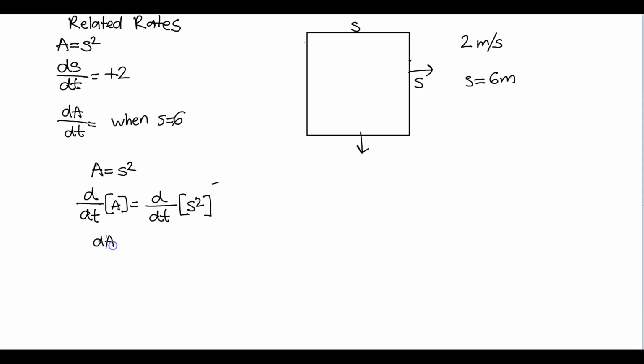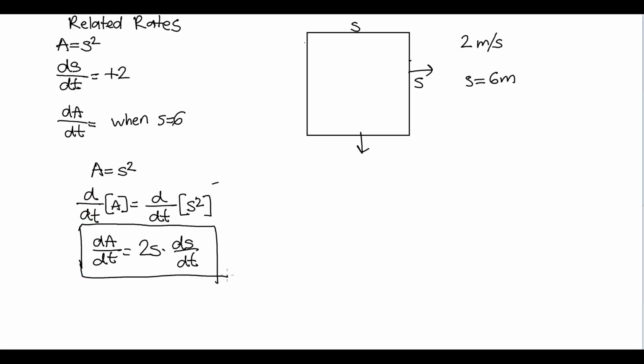So we get dA/dt equals, we'll use chain rule here, 2 times s, differentiating with respect to s, times ds/dt. And now you can see why it's called related rates. The rate at which the area changes is related to the rate at which the side length changes, as represented in this equation.